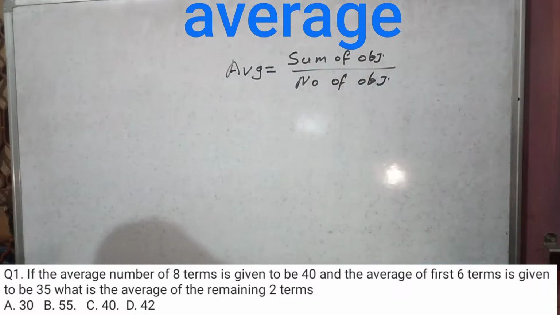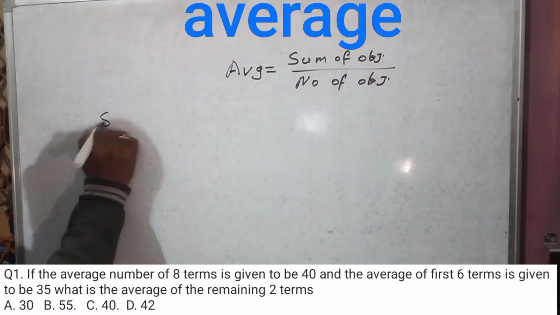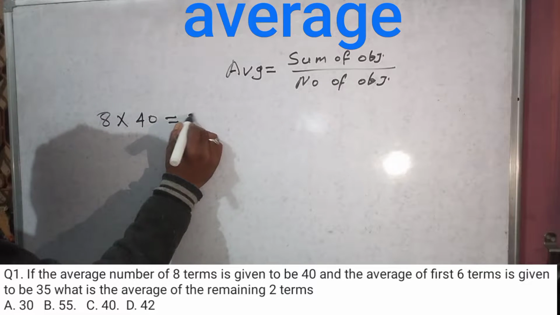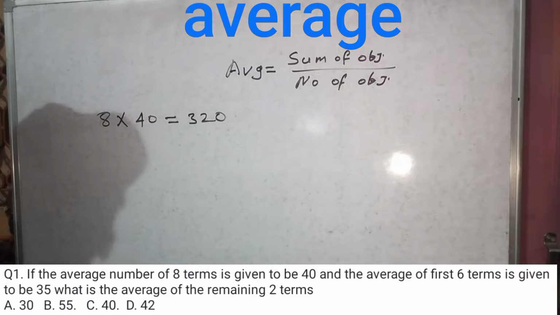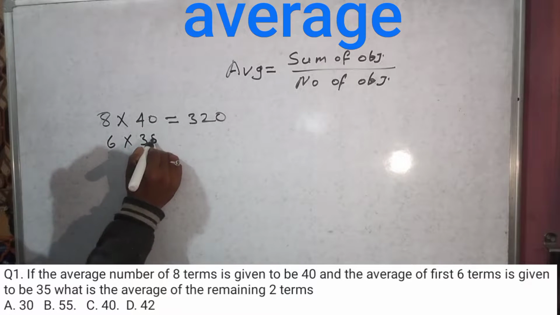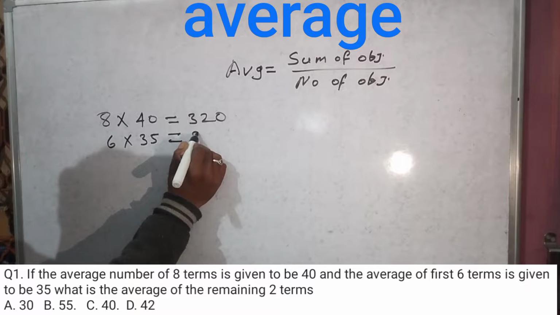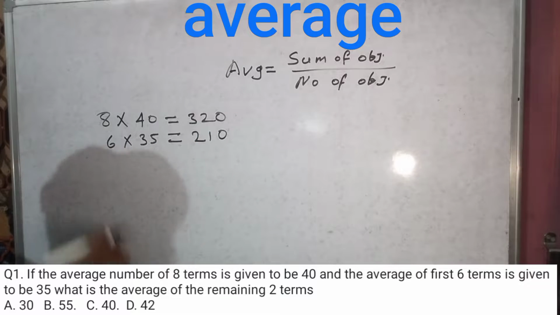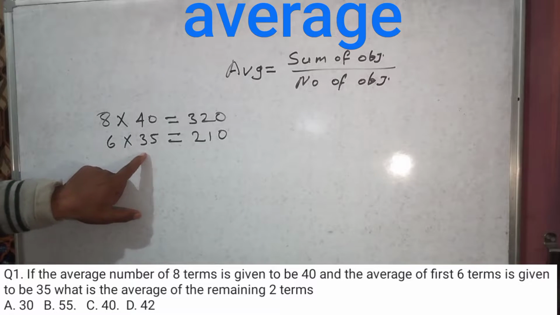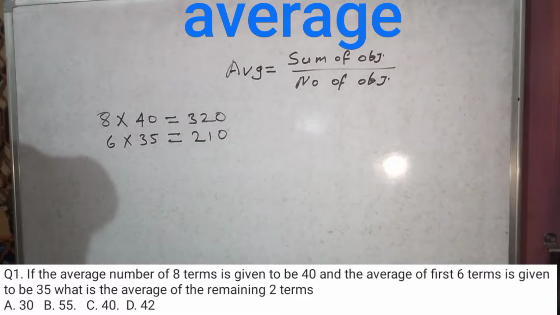Now see here, 8 terms with average 40, so the total is 320. First 6 terms with average 35, so the total will be 210, because 6 times 5 is 30, remaining 3, 6 times 3 is 18 plus 3 is 21.